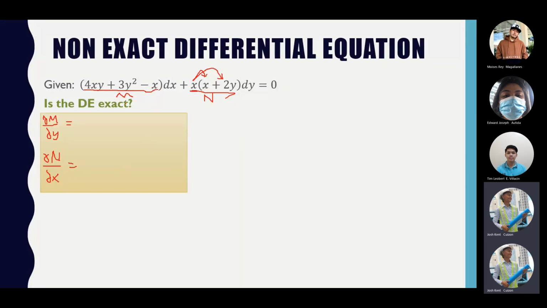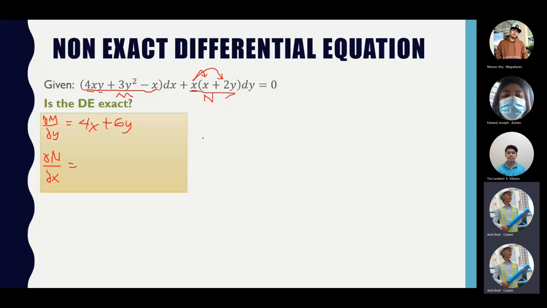So what is the partial derivative of M? For 4xy, partial derivative of 4xy is 4x, right? Since this is constant and partial derivative of y is just 1, plus partial derivative of 3y squared is 6y, minus x, derivative of a constant is 0, so it disregard ka na nato.